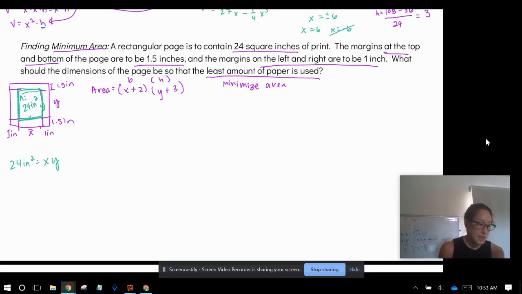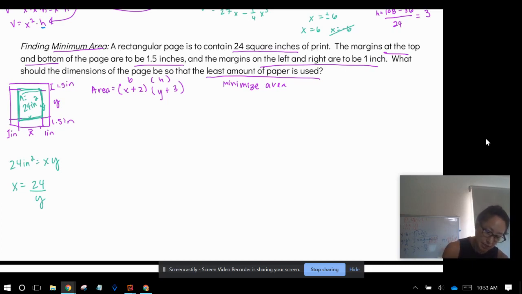That's lovely. All right, I am going to solve for x. It really doesn't matter. You can choose either, especially since we're going to have to find all the dimensions for x and y anyway. So I solved for x on my paper, so I'm going to just do that. So x is equal to 24 over y.